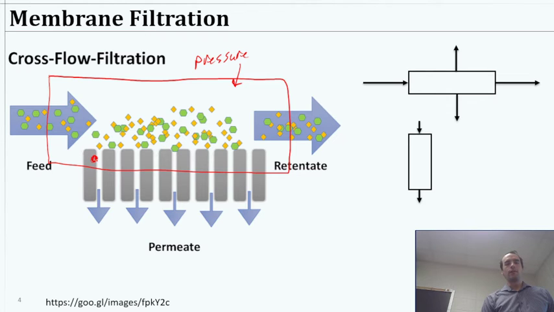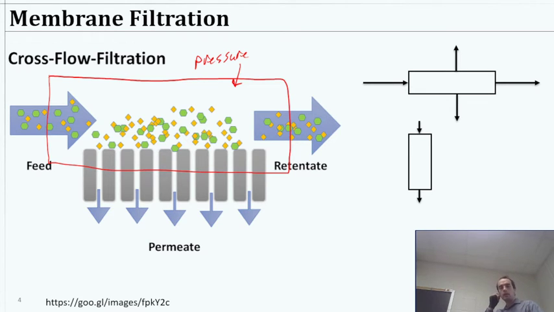Otherwise they'll all get stuck everywhere and they'll start making their way into the pores and just clog the whole thing, or maybe make a big cake layer here and just clog it all up. Which is going to happen to an extent, and that's largely what our membrane routine operation consists of: okay, how often are we backwashing? What's that cycle like? What kind of membranes can we use so that they can withstand maybe more intense backwashing or whatever.